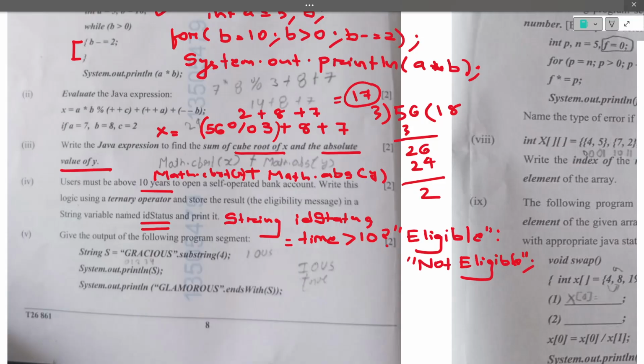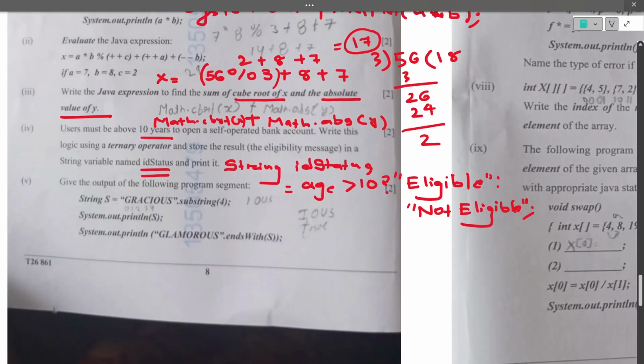Because a user has to be above 10 years to open a self-operated bank account. So this is the logic of the ternary operator that you can use. You can use year, or you can write age as well, as it has said to just talk about the age.